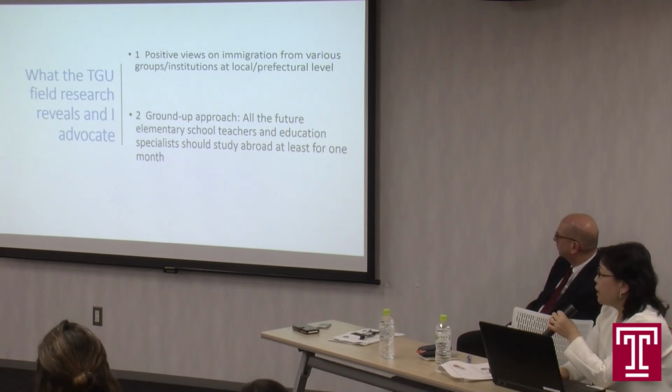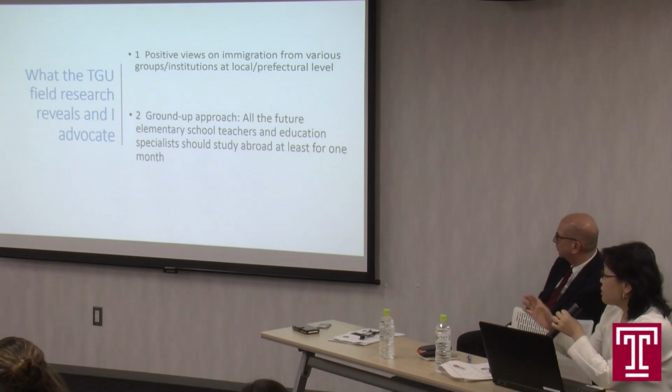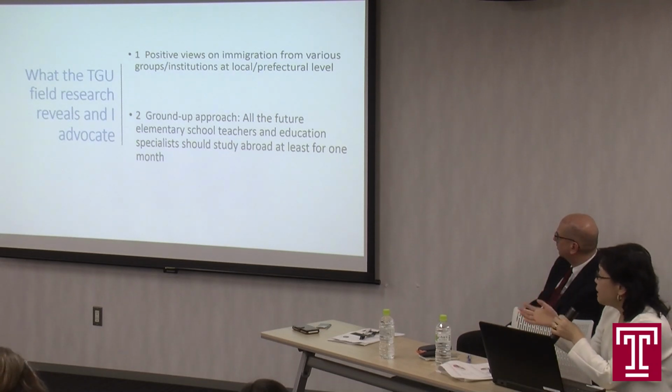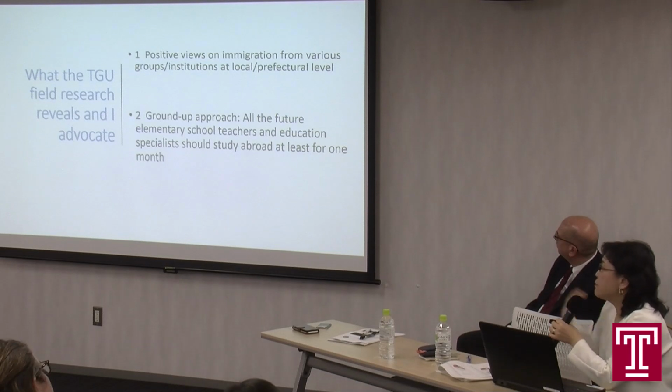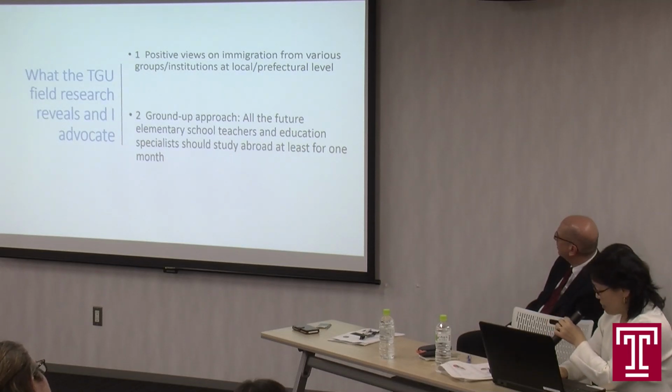Some of them even said that immigrant parents are more keen on education because the service available to the students is a very important point in where they live. So they choose us because we provide good services to the immigrant children. So sometimes they are more keen on education than average Japanese parents.